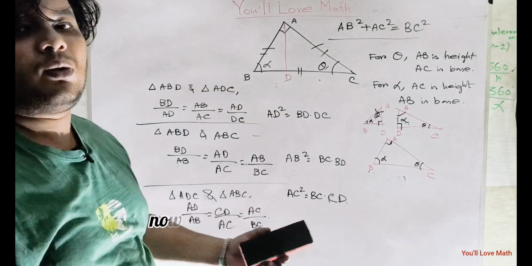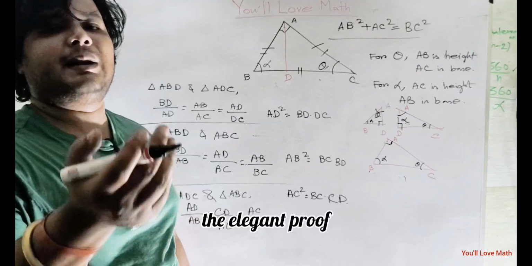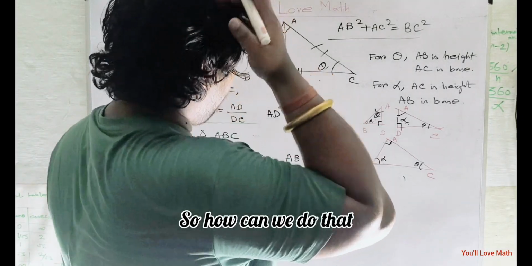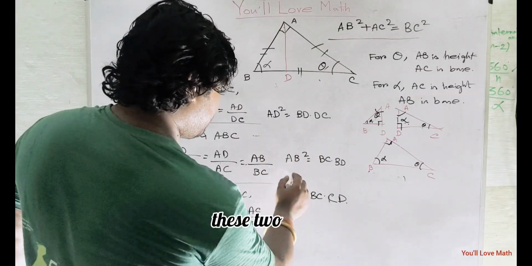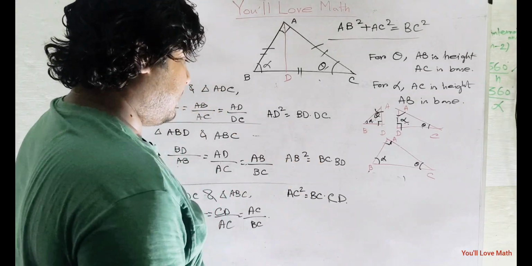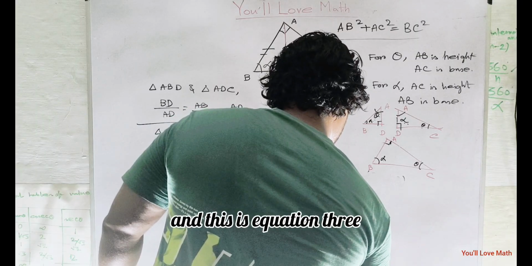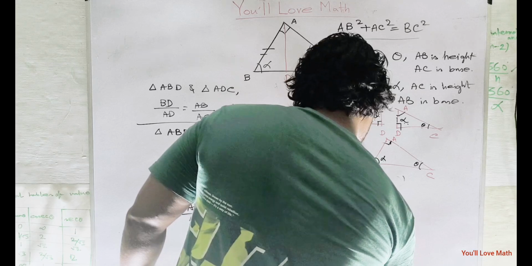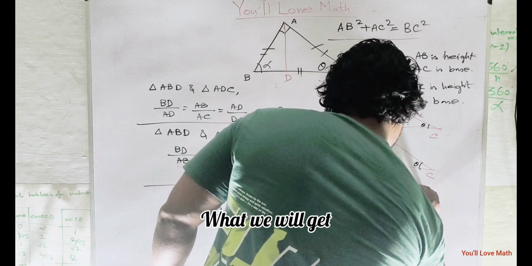Now one addition is remaining. The Pythagoras theorem, the elegant proof, the proof of the century is done. So how can we do that? We will add these two only: equation 2 and equation 3. Add AB square plus AC square. What will we get?